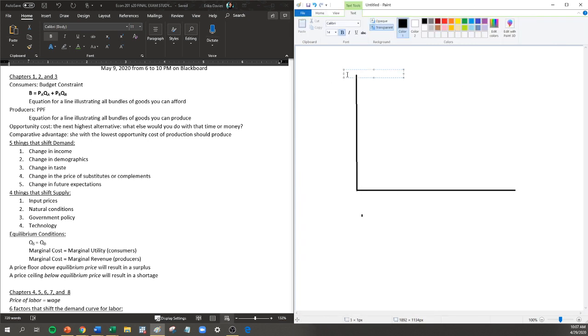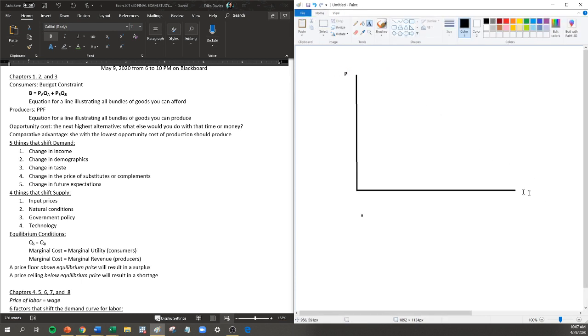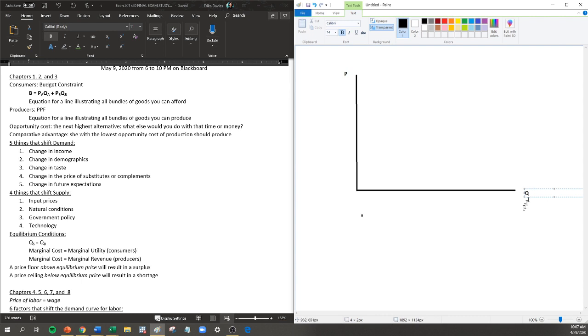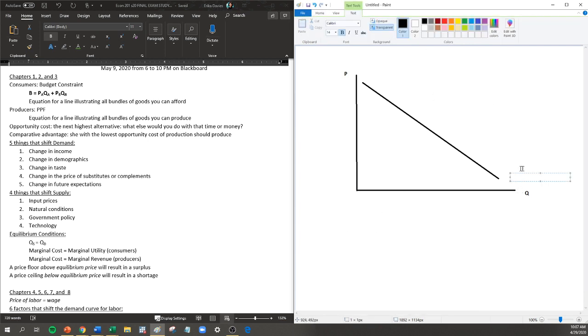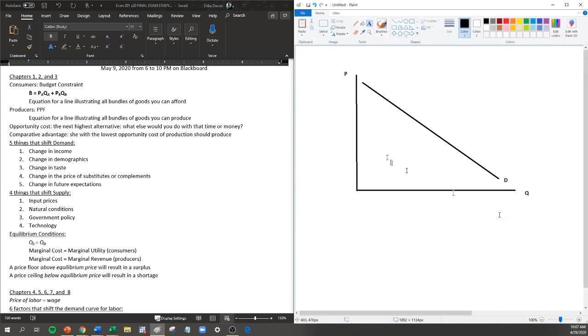So when we draw this out, we are going to have price always on the y-axis and quantity, in this case quantity demanded, on the x-axis. The demand curve is downward sloping because as price increases, we want to buy less of these things. In other words, price and the quantity we can buy are inversely related.